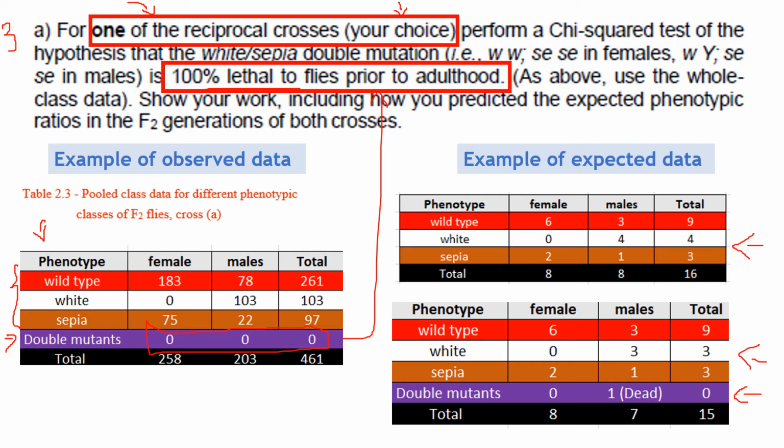Now your expected data will be different because you will have these guys. I want you to compare the expected data before and the new expected data with the double mutants. While I delete this information, do you see any difference in the tables? There are two main differences, and I want you to think about what they are and why.